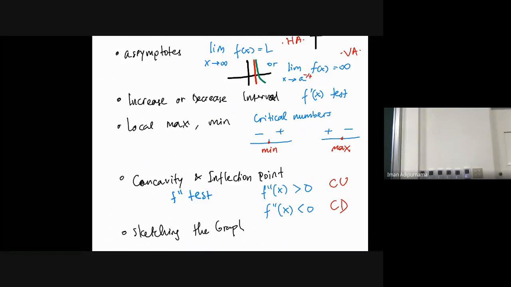I hope you can understand at least the logic of how to sketch a graph, because it really makes sense with your math concept. You need to know the domain first. That's why in the first chapters I always told you how to find the domain.